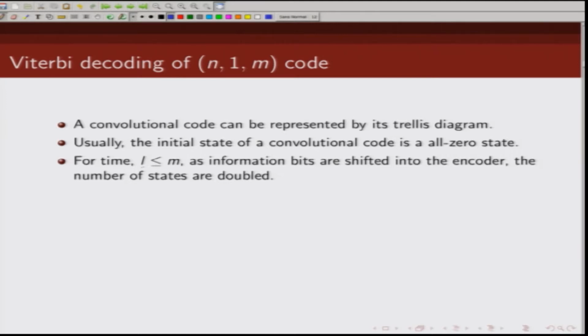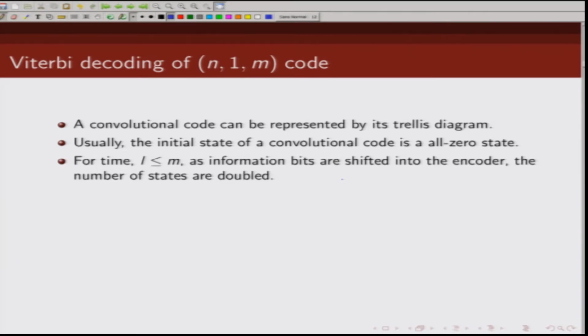So, for time L, which is less than the memory order, we notice that the information bits are getting shifted into the encoder 1 bit at a time, and the number of states get doubled.